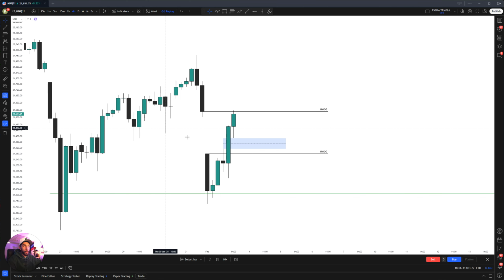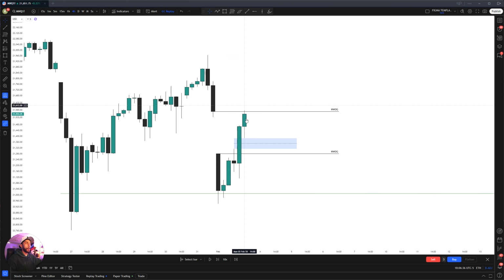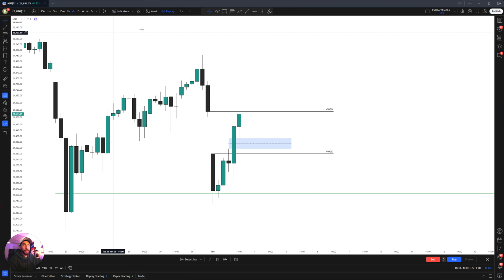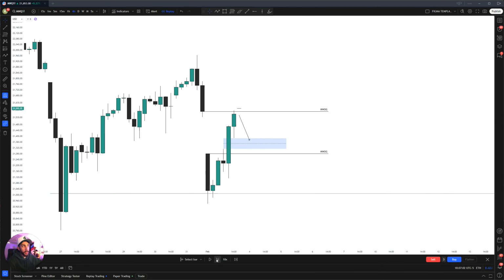Now, after that draw, considering price is going to pull back into a PD array before it continues higher, this is where we would be looking for price to go, right? So we would be looking for price to come down into this fair value gap, and then we would see, do we get displacement through the gap, right? If we get displacement through the gap, then we are starting to look for these lows, right? These lows would become our draw. But if it bounces from this gap, then the upside would become our draw. And so we'll see that in just a second.